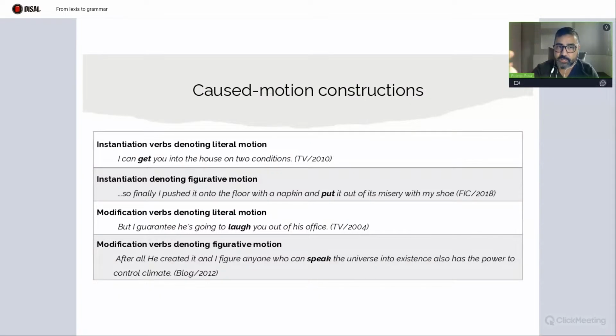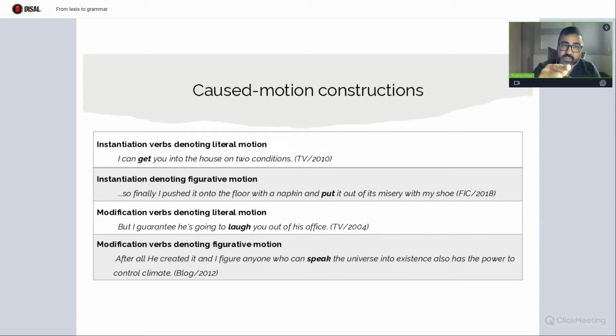We have the first type that is said to be the easiest one for learners to acquire, to learn. That is the caused motion in which the verb is a perfect fit for the construction because of its true meaning, right?